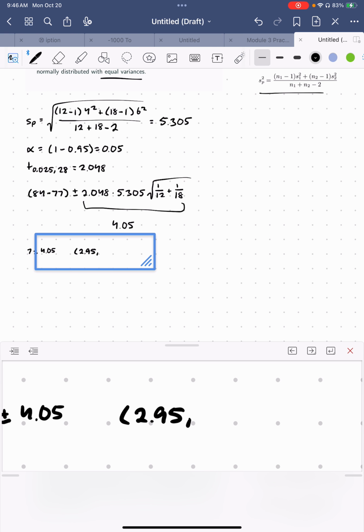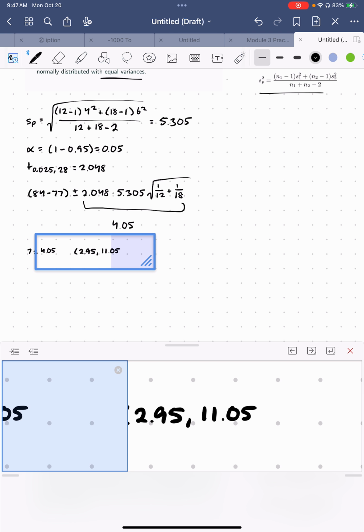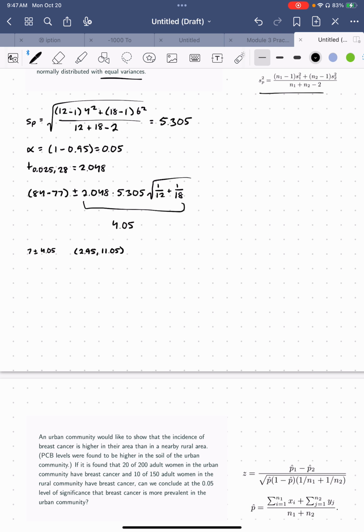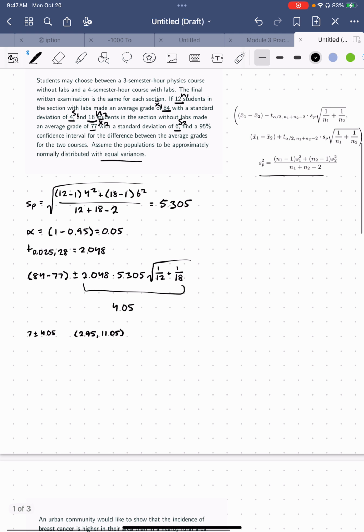And then our upper bound is 7 plus 4.05, and that is 11.05. And that is our confidence interval. And so in that interval, we're 95% confident that the difference between average grades for the two courses will lie between 2.95 and 11.05.